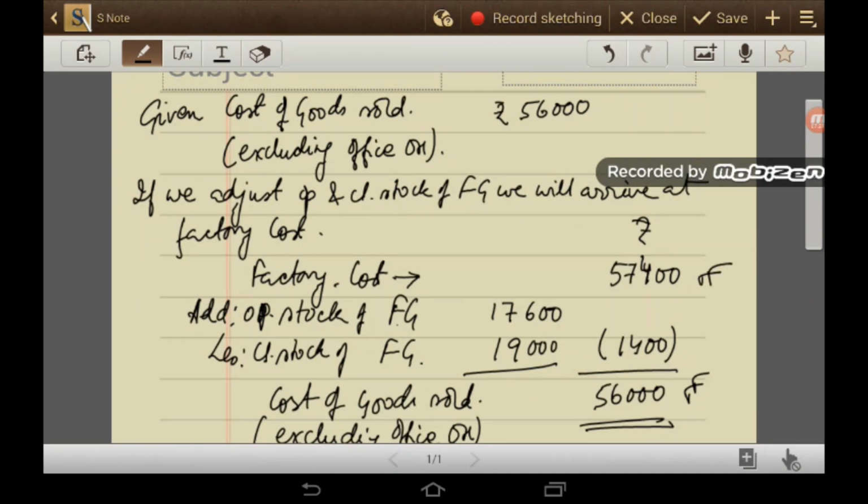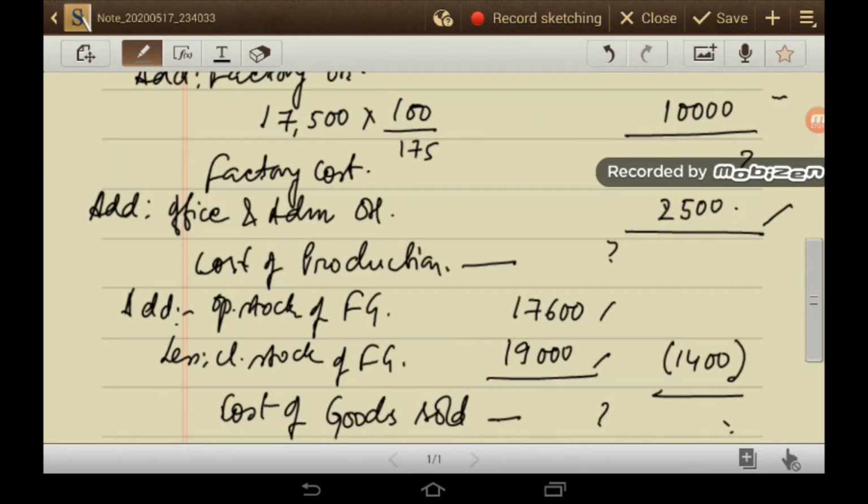Now we will put this value of factory cost in the cost structure that we have prepared. So factory cost we have calculated at 57,400. I am using a different color for your understanding, and you can do it in the similar way in your answer script also. So use two different pens, and your examiner will be able to understand that you have done the working here.